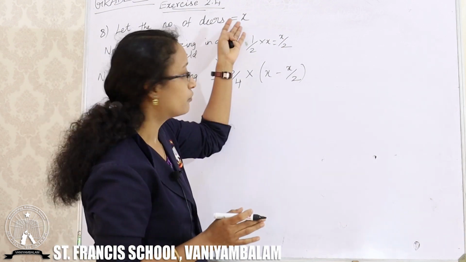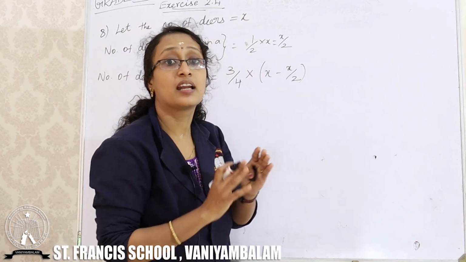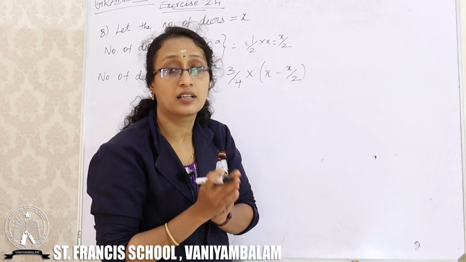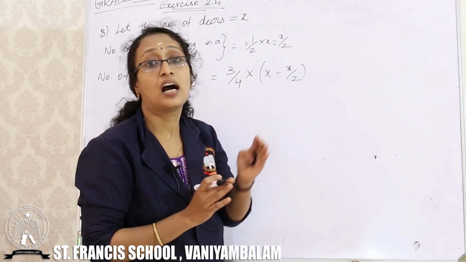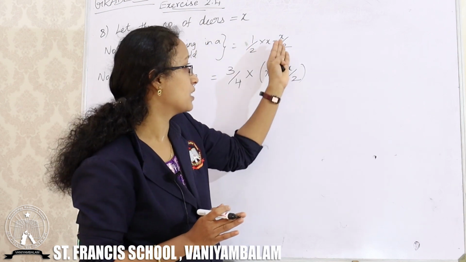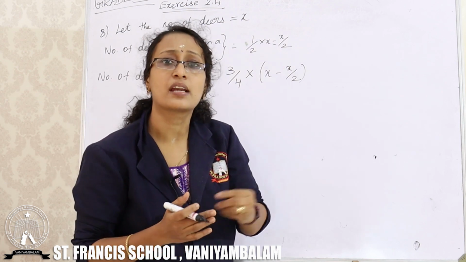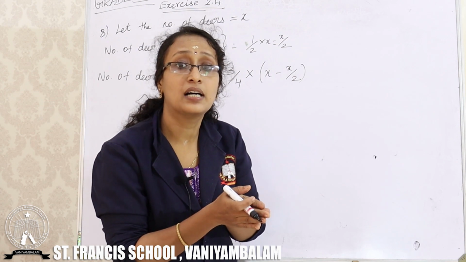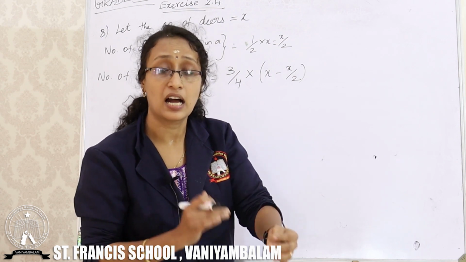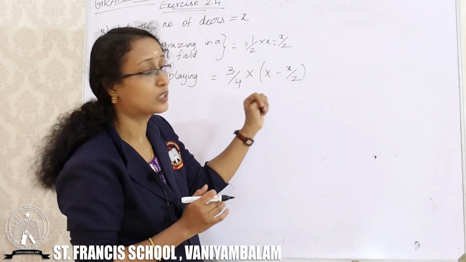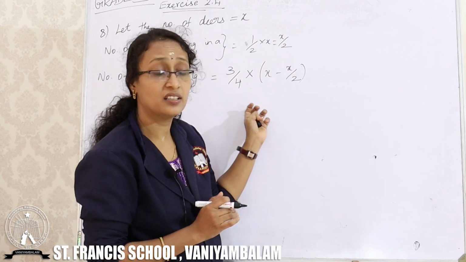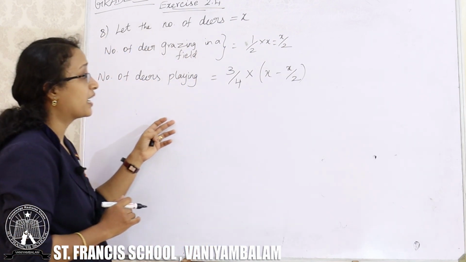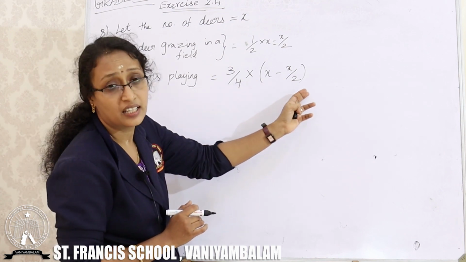Total number of deer is x and the number of deer grazing in the field is half of the total number, so x by 2. What is the remaining of this? I am going to subtract this half of the deer from the total number. And it is given the deer playing nearby is 3/4 of the remaining.